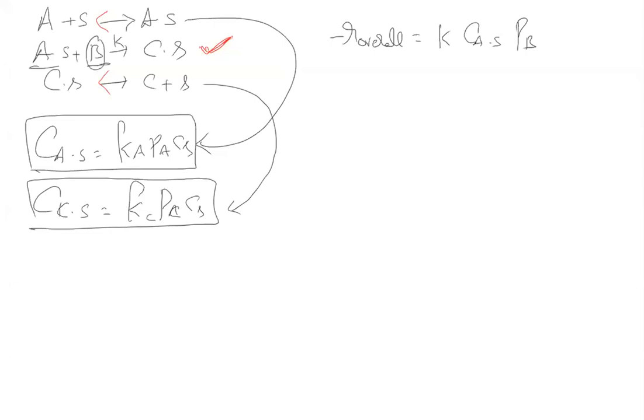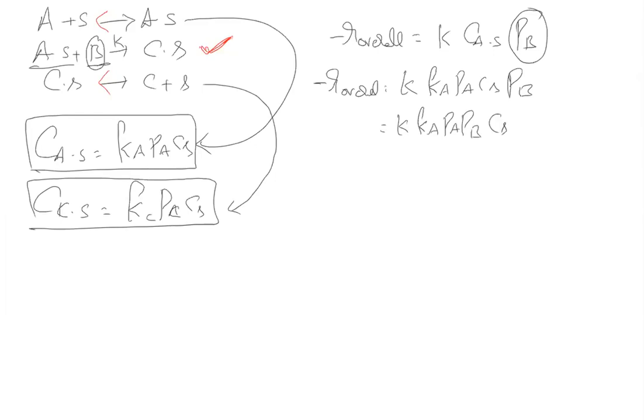B is in the gas phase, so its partial pressure P_B. So my overall rate is equal to k into C_AS, which is K_A P_A C_S, into P_B: k K_A P_A P_B C_S. And how do you write C_S?